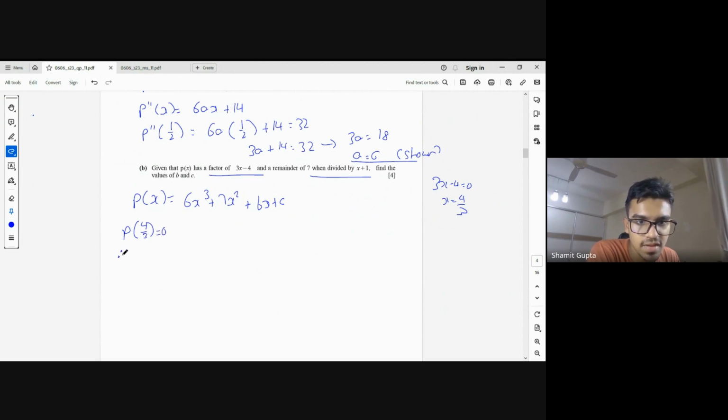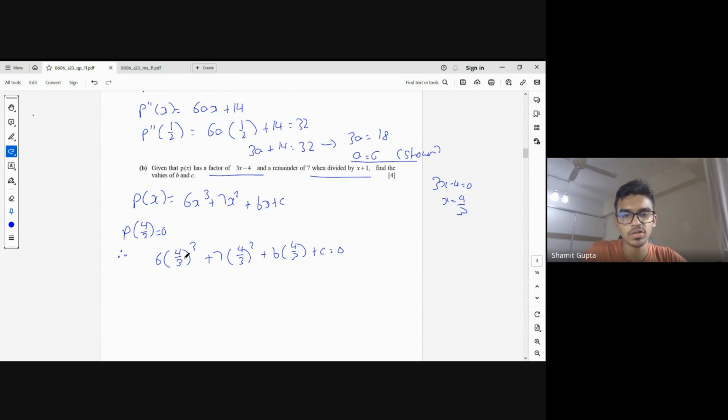So that means that 6 times 4 over 3 cubed plus 7 times 4 over 3 squared plus b times 4 over 3 plus c equals to 0. Now 4 over 3 cubed will be 64 divided by 27 and then times 6. You can use the calculator for this.